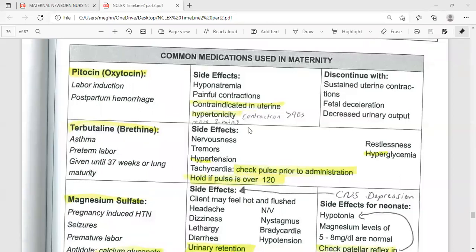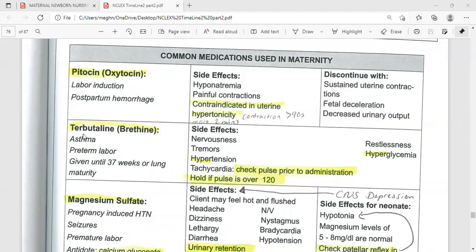The second drug in this table, terbutaline, right? So terbutaline is used to treat wheezing or shortness of breath from lung problems.